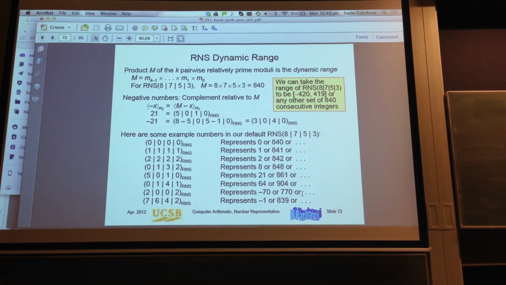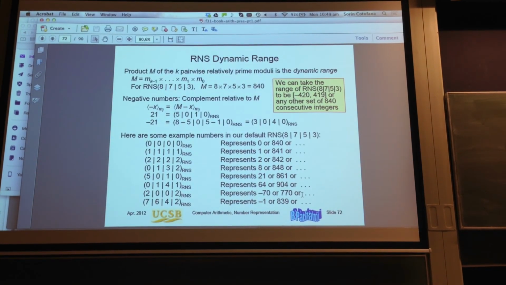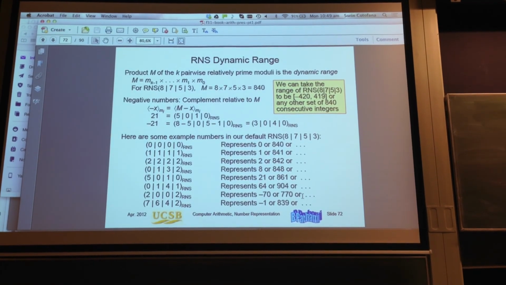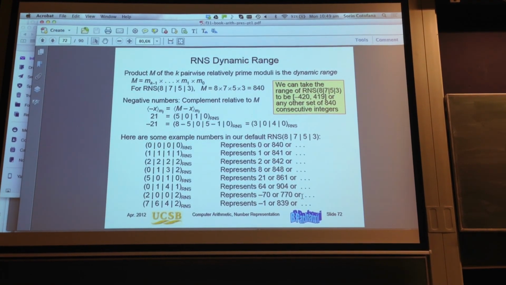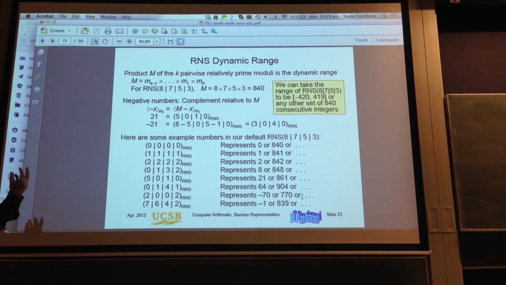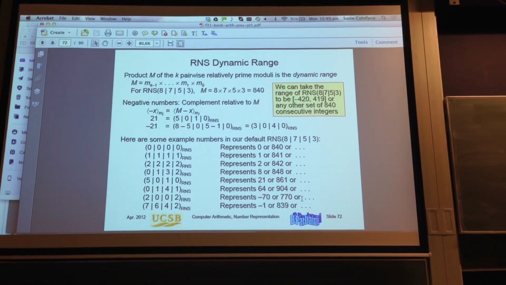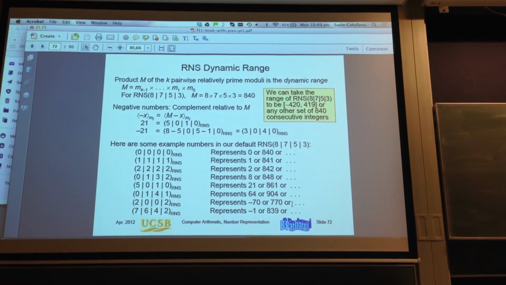Then essentially, I have to determine the moduli, which will depend on the dynamic range. I have to have a dynamic range which is large enough to cover my application. Then all the numbers that I want to process can be represented in that system by computing the remainders of the division of the number with those moduli.